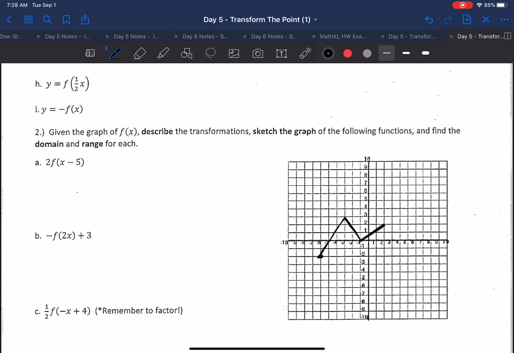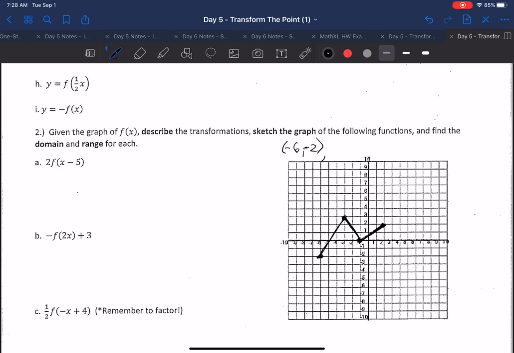Here's an endpoint. Here's an endpoint. The distinct points, let's call it that. If we look at this, it's 1, 2, 3, 4, 5, 6, and down 2. So we have (-6, -2) as one of our points.